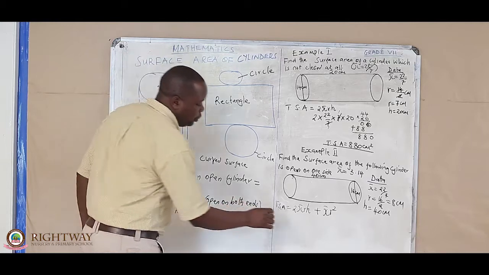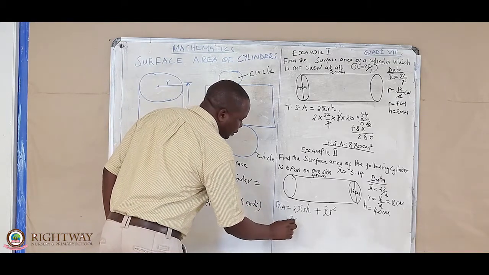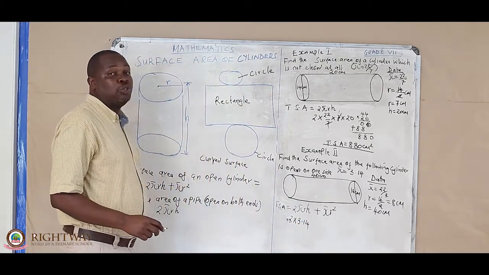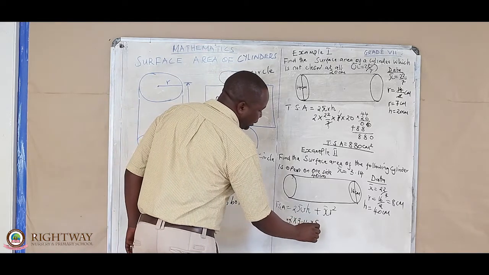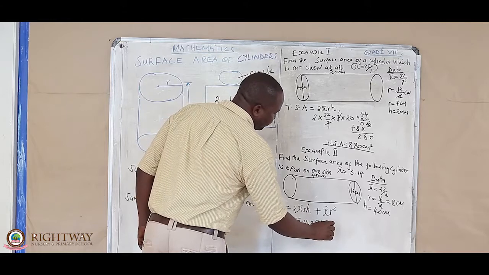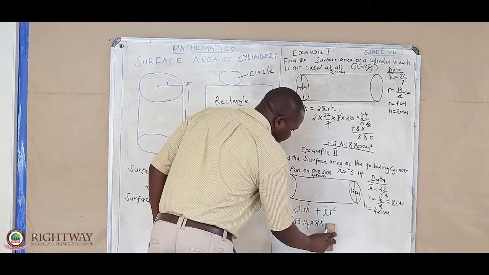It will be 2 times 3.14, because that's the pi we have been told to use, times our radius, which is 8, times our height, which is 20. Not 20, it's 40, sorry.